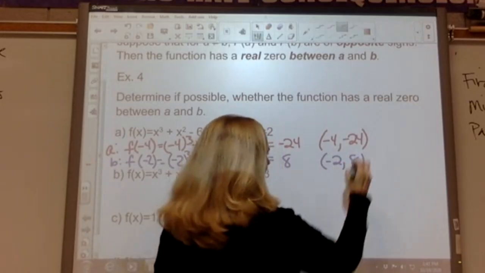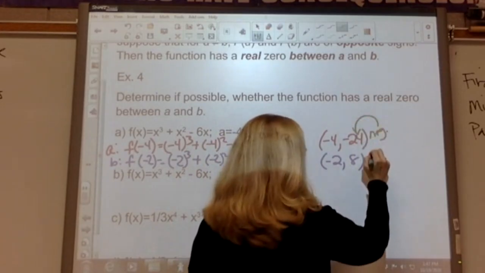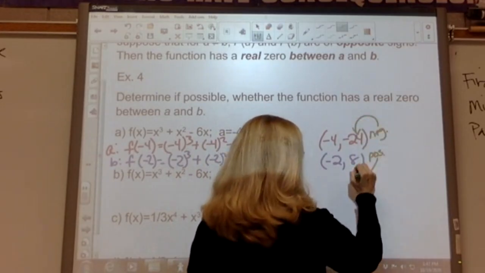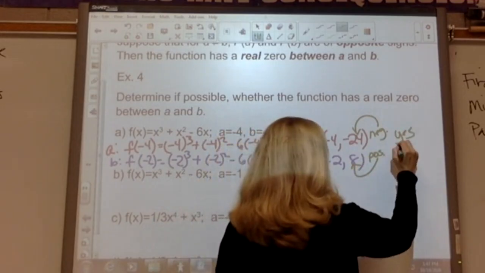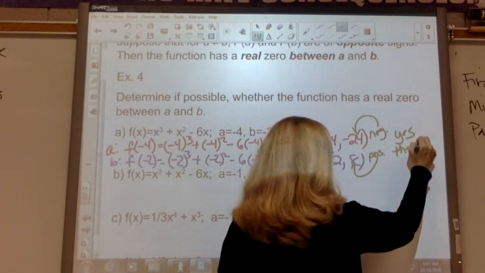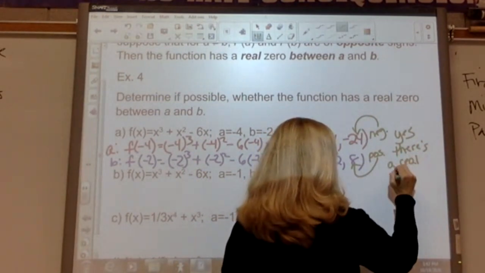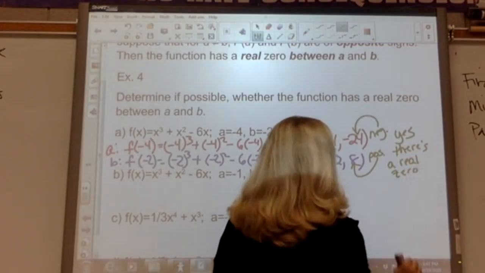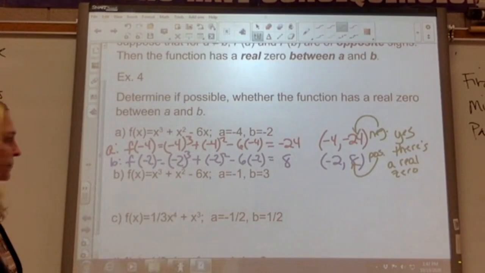So this is a negative. This is a positive answer. So yes, there's a real zero. Okay, so this means yes, there's a real zero between them.